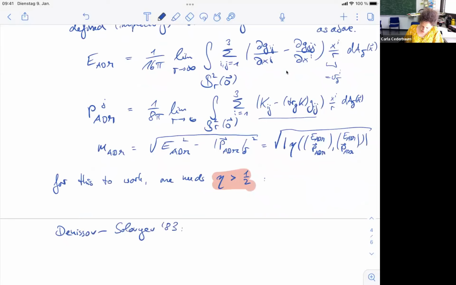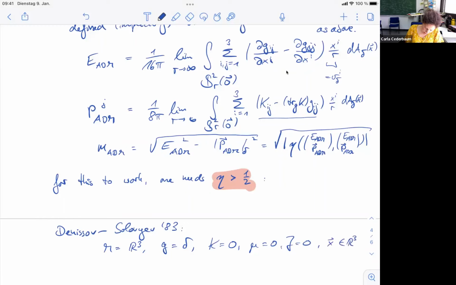What they did is they looked at the Euclidean manifold, Euclidean metric, (R^3, δ, K=0, μ=0, J=0). So this is our canonical Minkowski initial data set, which is really just Euclidean 3-space. And this has coordinates x.